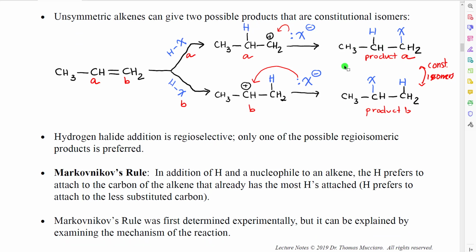When we have regioisomers produced, one of our first concerns will be to see if there is a preference. So we have multiple possible products, but will any of these be preferred, produced in higher proportions? In the hydrogen halide addition, we see regioselectivity. Of the possible regioisomeric products, one is preferred.